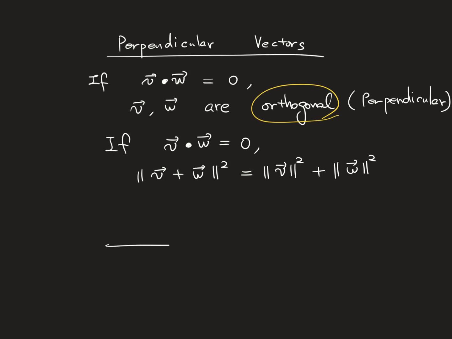The reason is that if we have a v vector here and a w vector here, and they are perpendicular, then adding these two vectors we get v plus w.